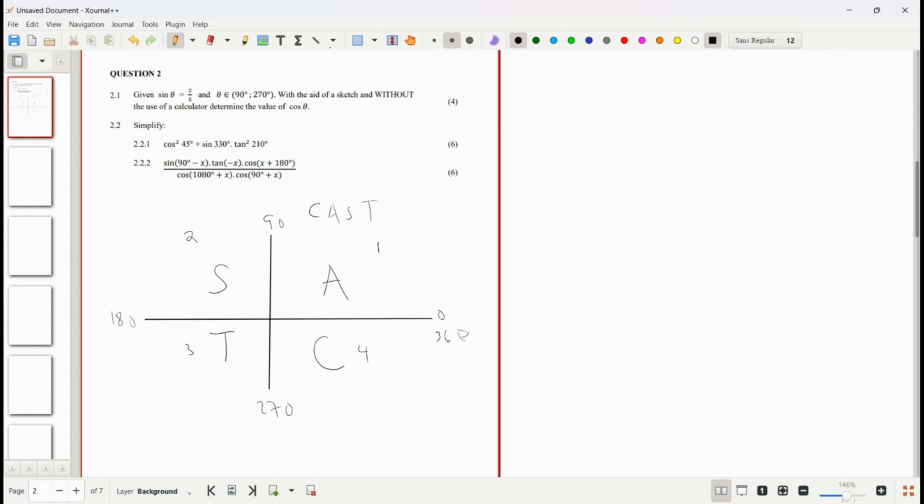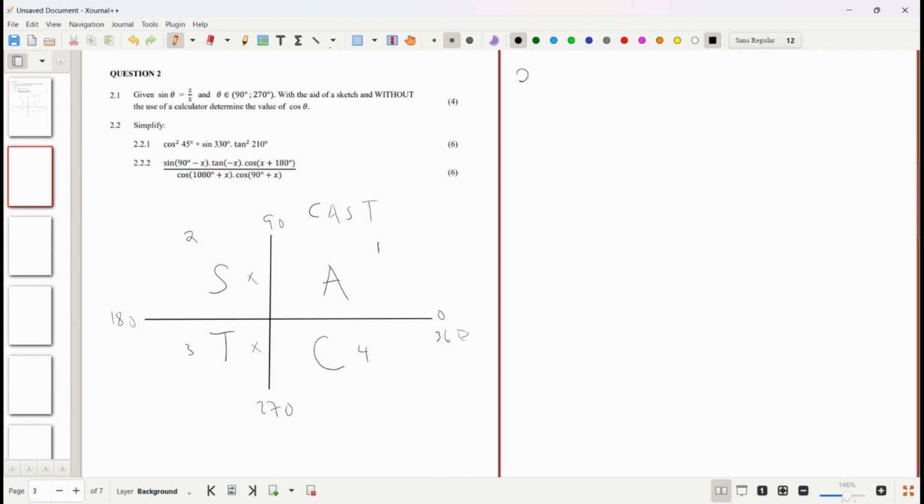So this interval from 90 to 270 involves the second quadrant and the third quadrant. The big question is, which one do we choose between the second quadrant or the third quadrant? But we're given something else here, sine theta, which is 2 divided by 5.